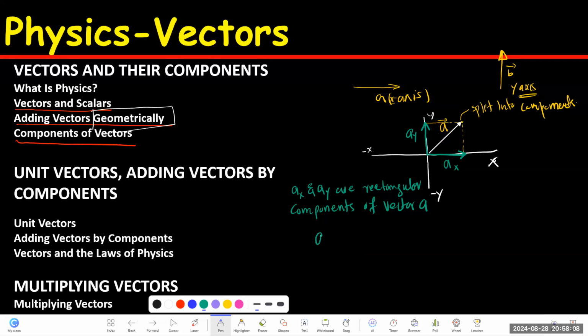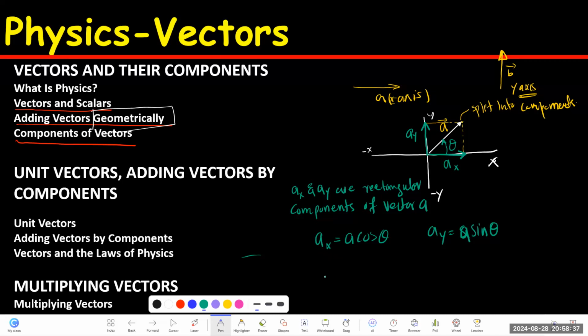Okay. How do we calculate the components of vector A? There's a formula given in the book. Ax equals A cos theta, where theta is the angle from here to A, and Ay equals A sine theta. A cos theta, A sine theta. If I give you the components, you can find the vector by using this formula. Let's suppose Ax and Ay are given.